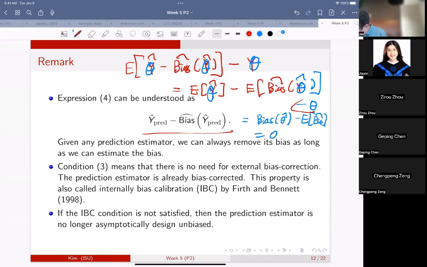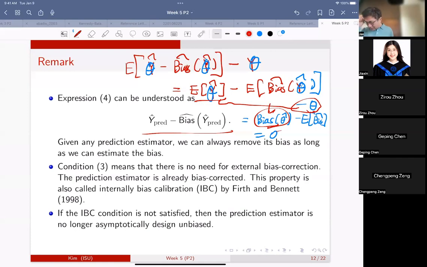So your estimator can be biased. But if you can compute an unbiased estimator of the bias, then you can always make it unbiased by subtracting the bias term.